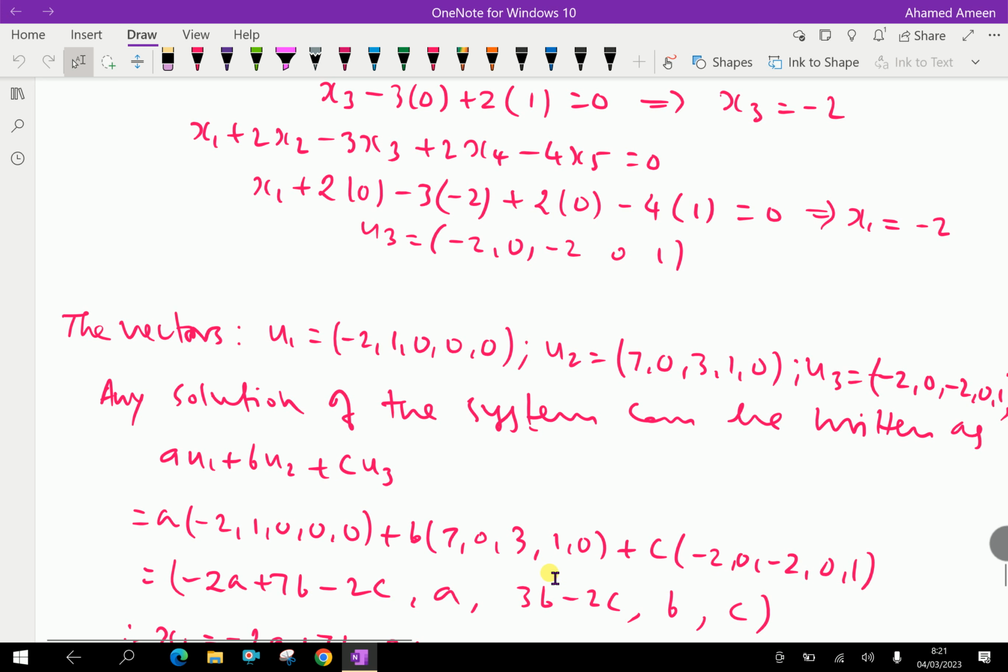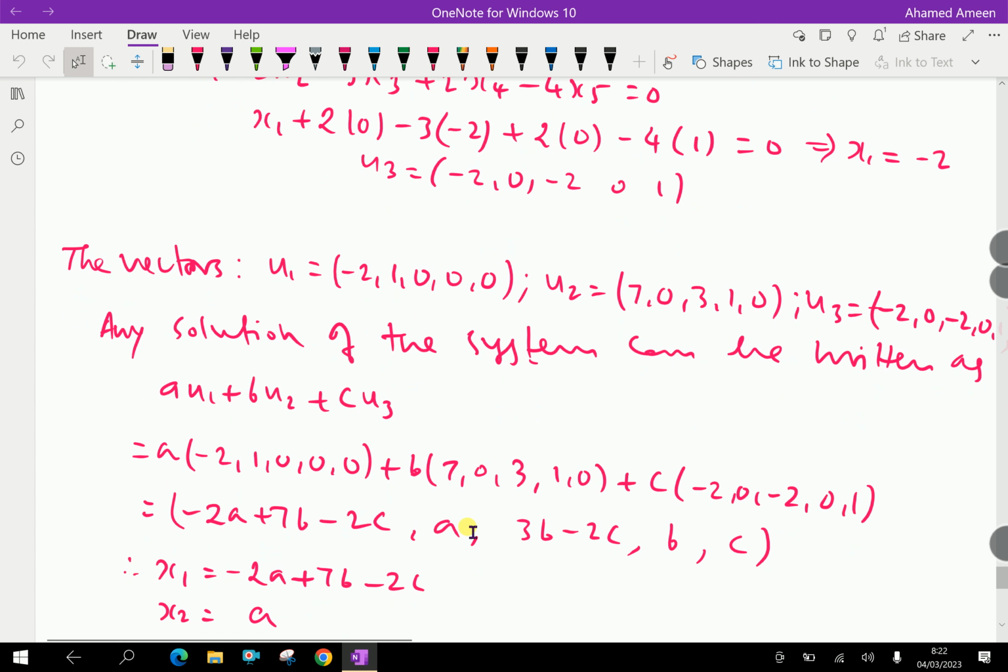Fourth value is b. Fifth value is c. So we are writing: x1 is minus 2a plus 7b minus 2c, x2 is a, x3 is 3b minus 2c, x4 is b, x5 is c.